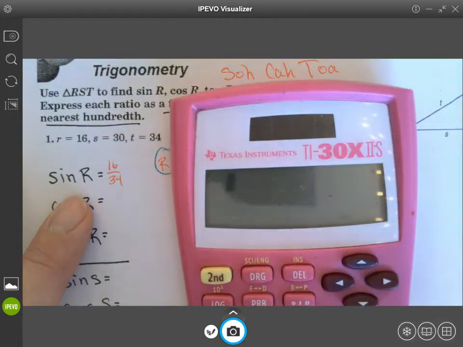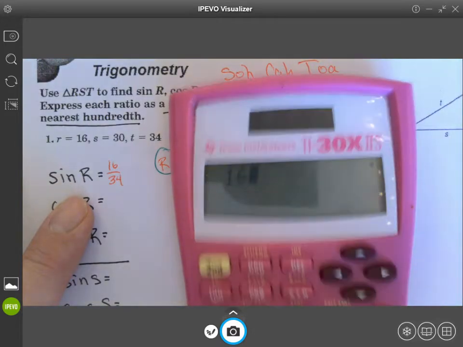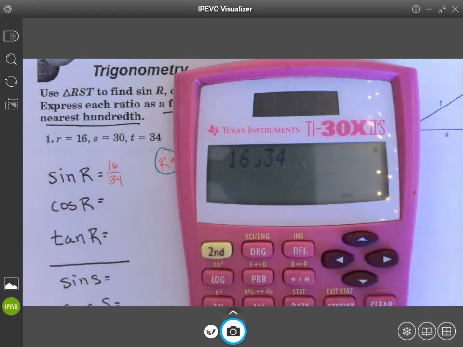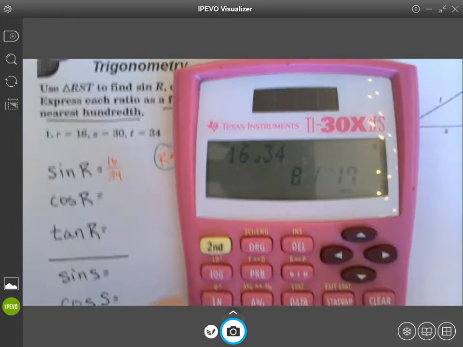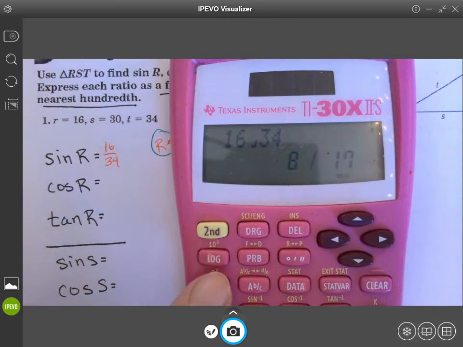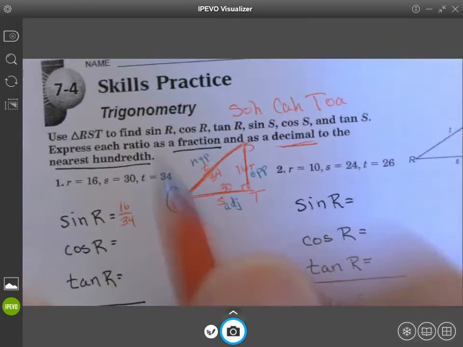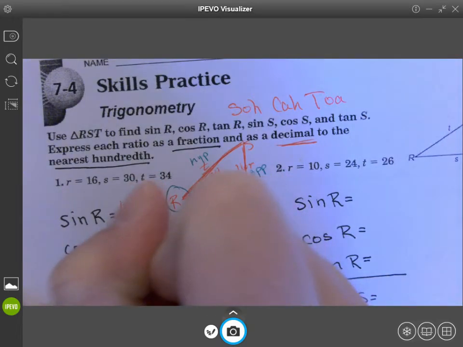In my calculator, it is 16 fraction 34. In the other blue calculators, it would be 16, and you have that little slash key. I can hit enter and it reduces it. The other calculators, you have to hit the simplify key and then hit enter. All right, so dividing both of these by 2, I get 8/17.